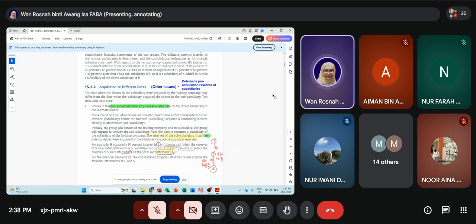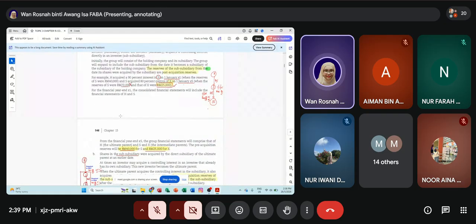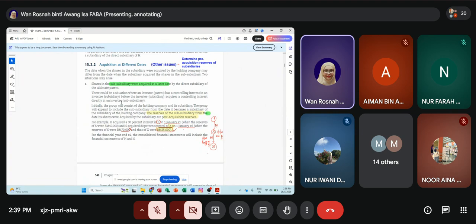The issue here is especially the acquisition of a subsidiary at different dates. That means the subsidiary was acquired at a later date by the direct subsidiary of the ultimate parent.